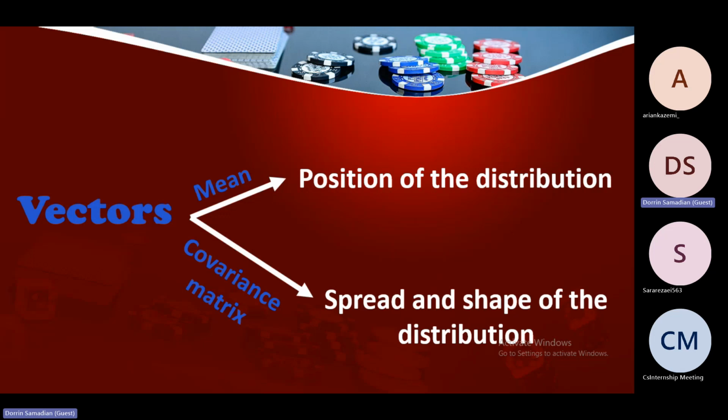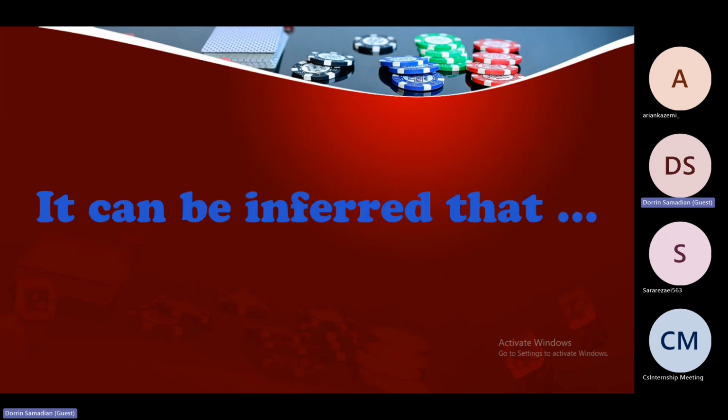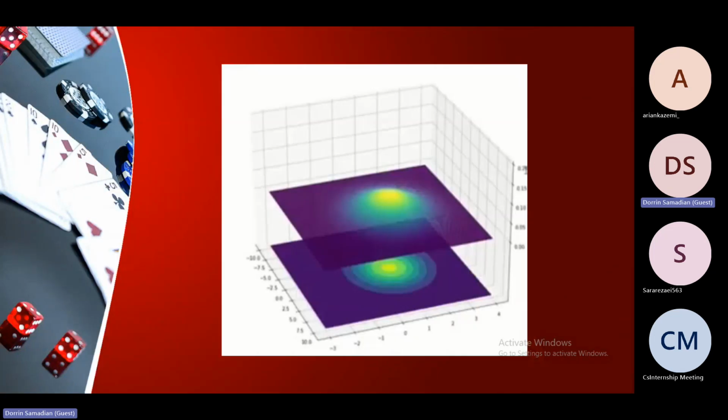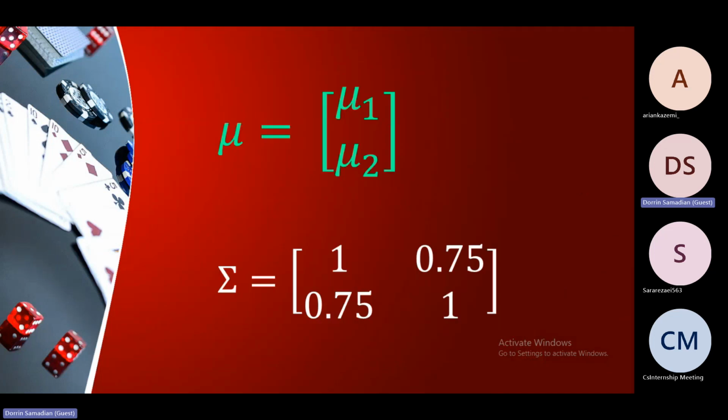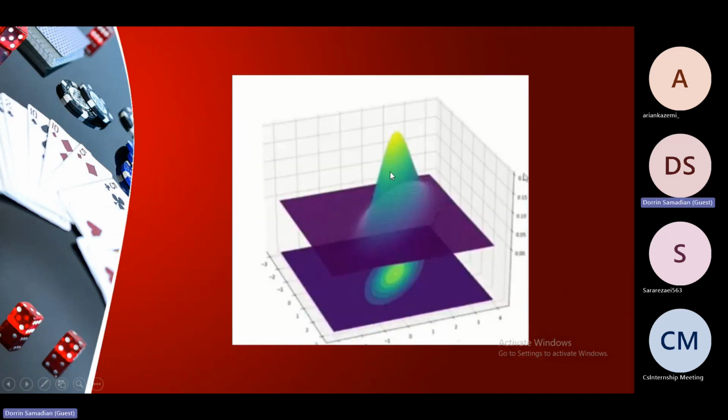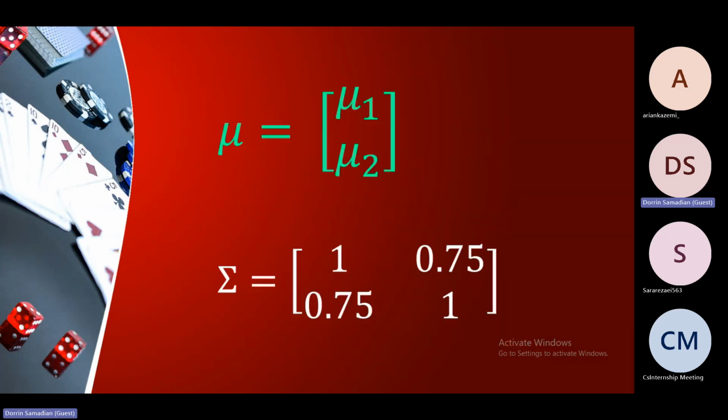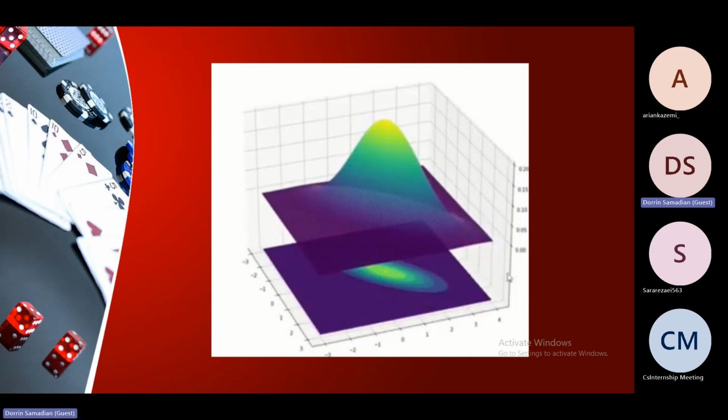However, while keeping the covariance matrix the same and changing the values of the mean each time, we are changing the spread and the shape of the distribution. As you could see in these examples, we had a particular shape of the diagram. The spread and the shape of these diagrams have not been changed.